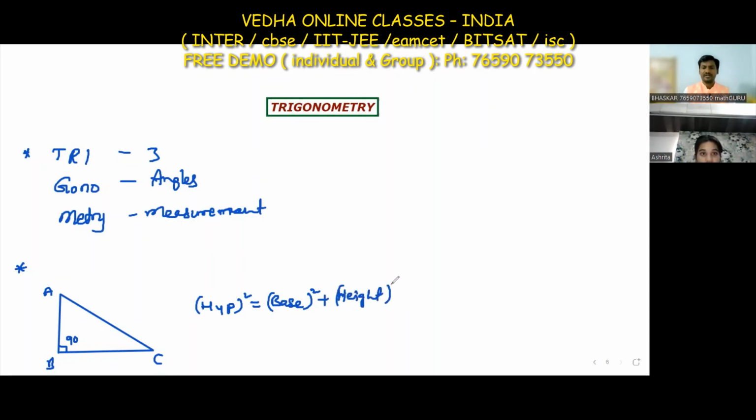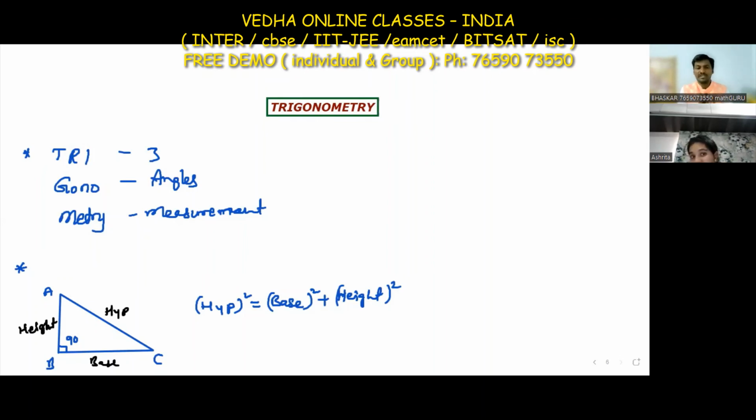Here, what is the hypotenuse? Hypotenuse is AC. BC is the base here, and what is the height here? Height is AB.